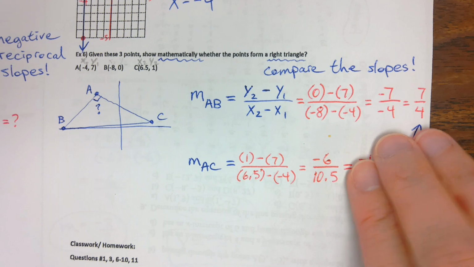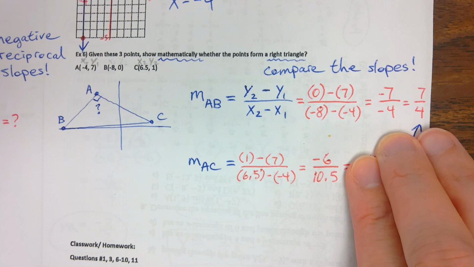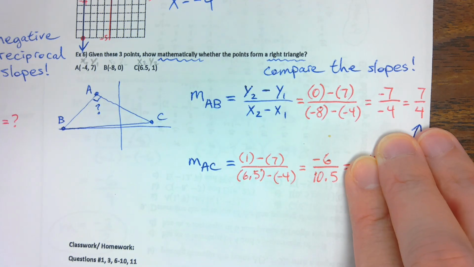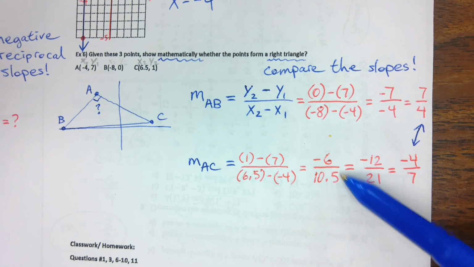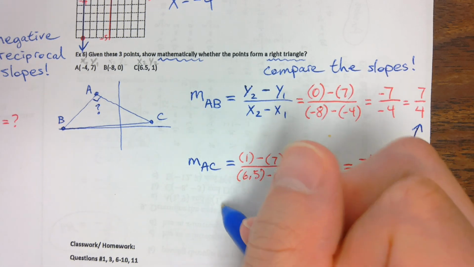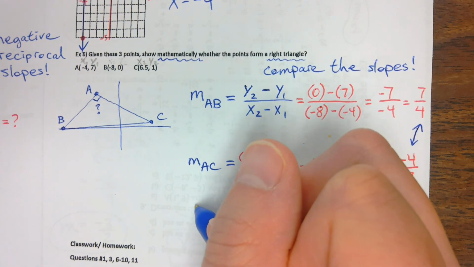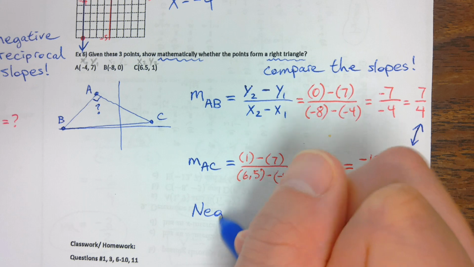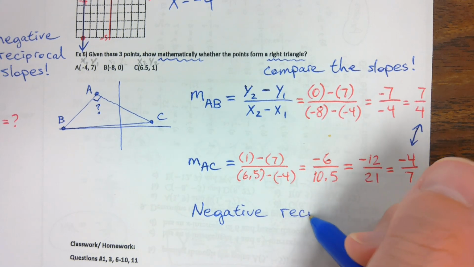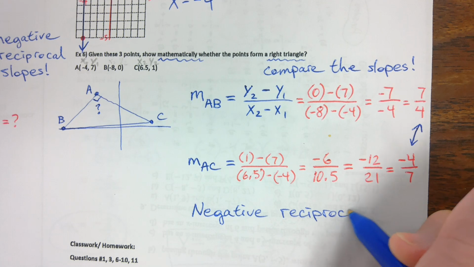Because right here, I know I'm supposed to see a connection between them, but I don't see any. But when you think outside the box and do this, you see that they are negative reciprocal slopes.